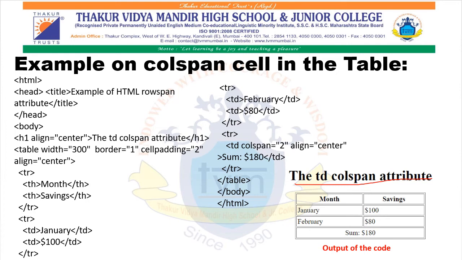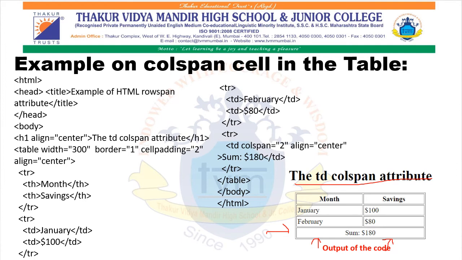So the row will be the same, but the cells will be combined. Suppose we look at this image: in the third row I have combined cell 1 and cell 2 of two different columns.